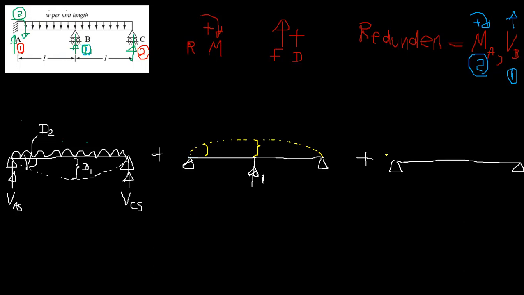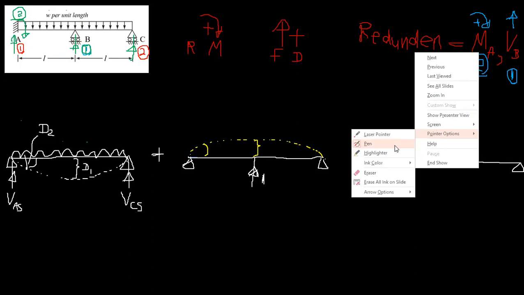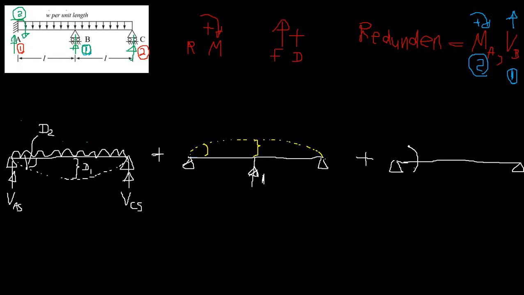And then apply a unit moment, because you removed the unit bending moment there, and you have to apply a unit moment, right? So I will apply it in the clockwise direction, right? So because this is my clockwise direction, right?